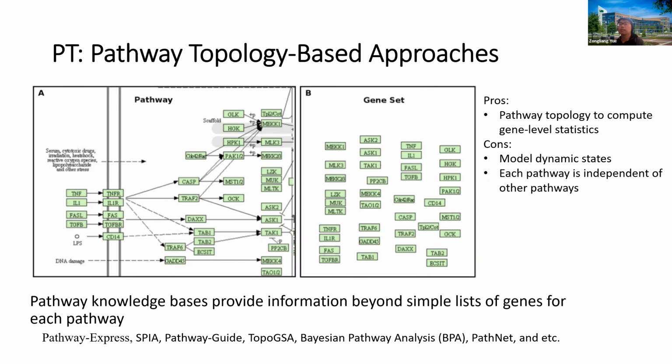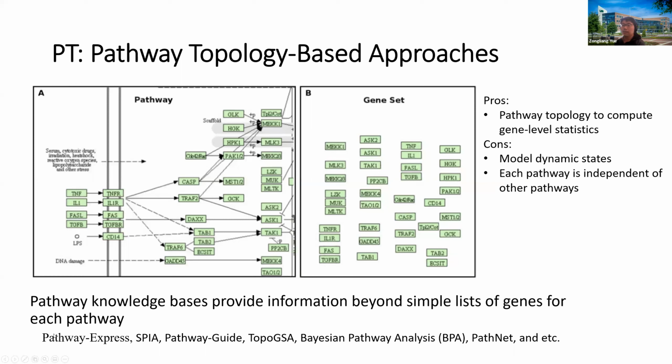Therefore, the third generation, the pathway topology-based approach, benefits from information on gene interaction and gene regulation. Gene set enrichment analysis regards those genes as working in isolation, but in the pathway there is always a good annotation of gene-to-gene relationships.